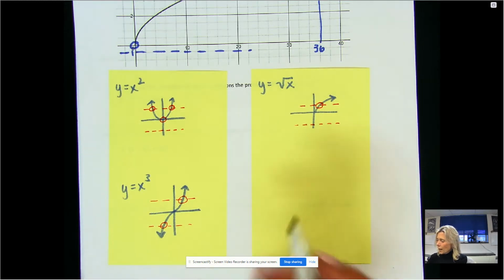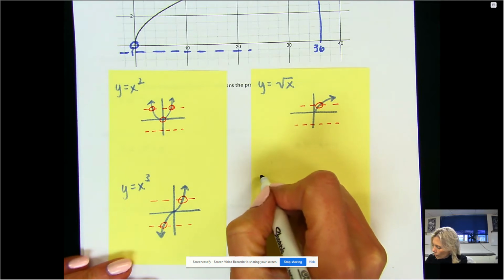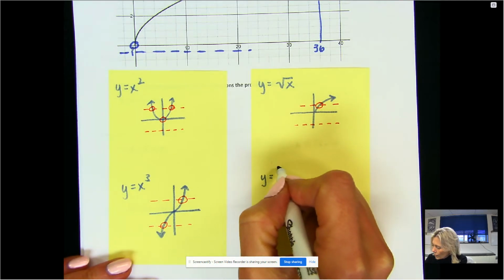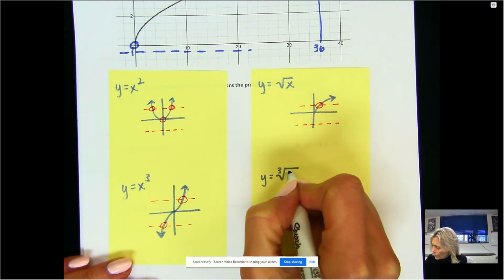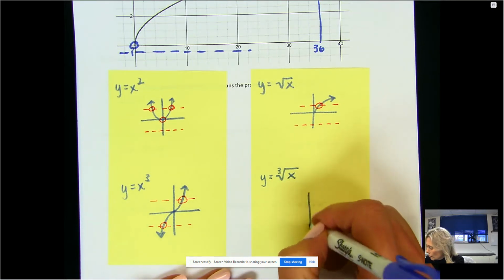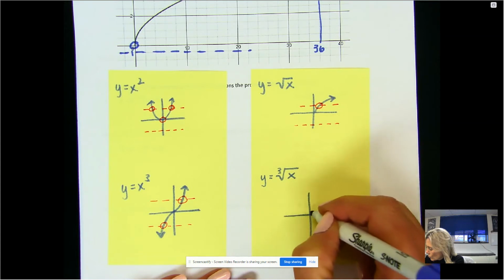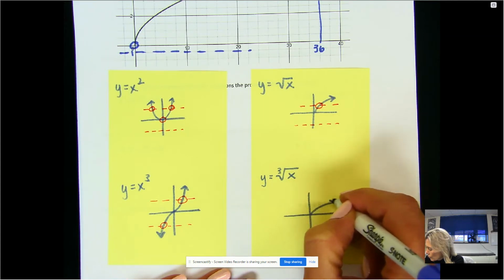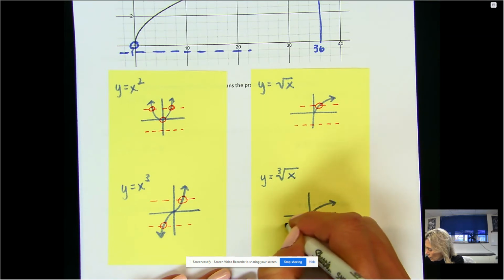And for the last type of equation we've been working with, y equals the cubed root of x. It looks a lot like this, only kind of on its side. So it goes this way and this way.